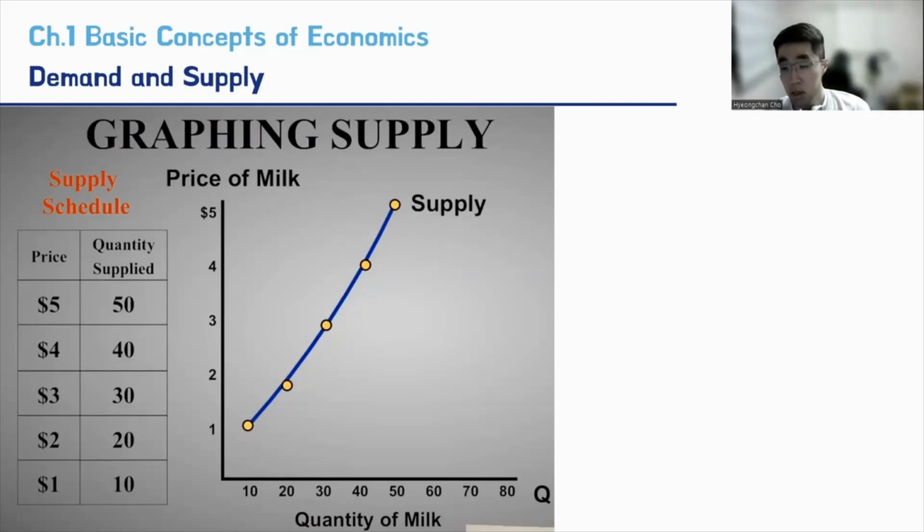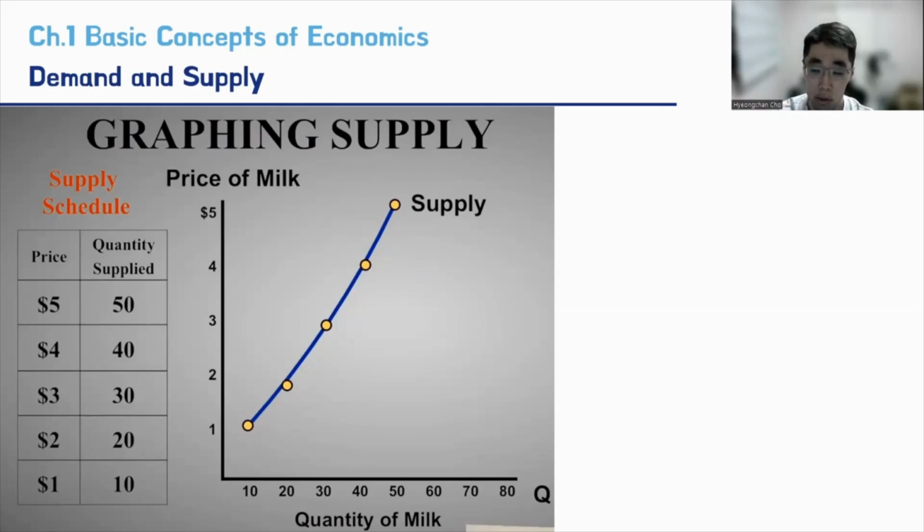It's definitely true, because that way they can make more benefit, right? So when the price is down, they don't want to produce more than before, because their benefit is lower.